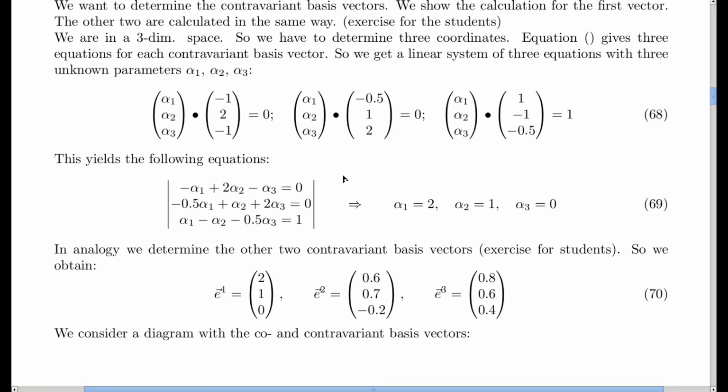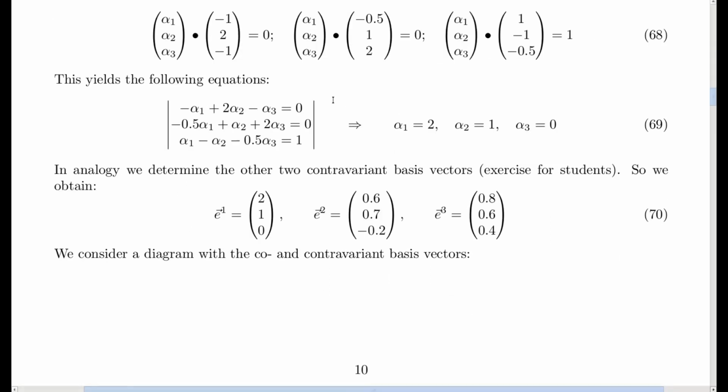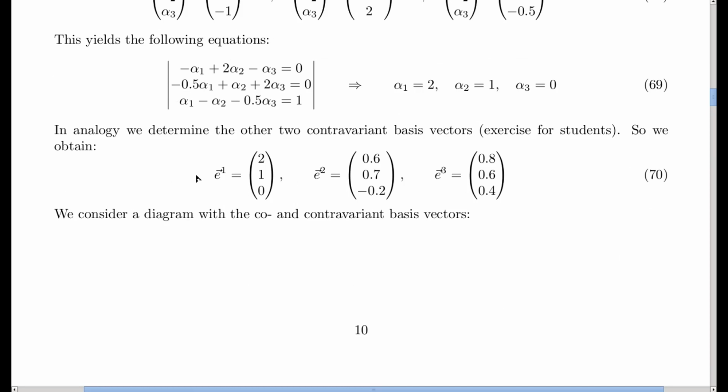So we get 3 equations for 3 unknown values, the alpha values, and that's easy to solve. We get alpha 1 is 2, alpha 2 is 1, and alpha 3 is 0.